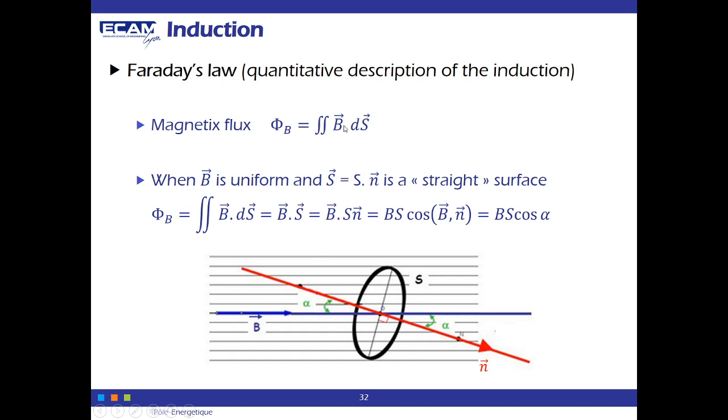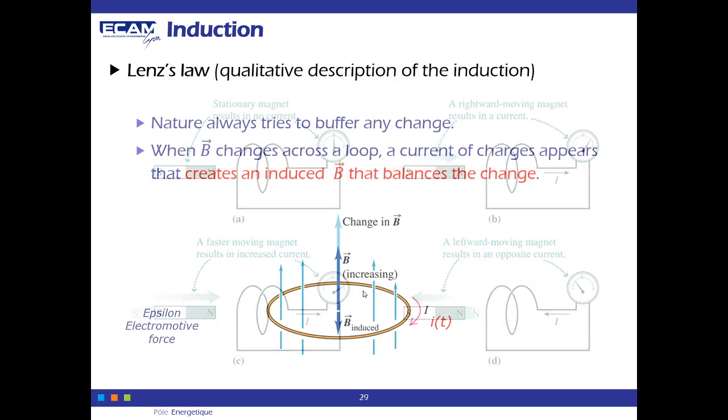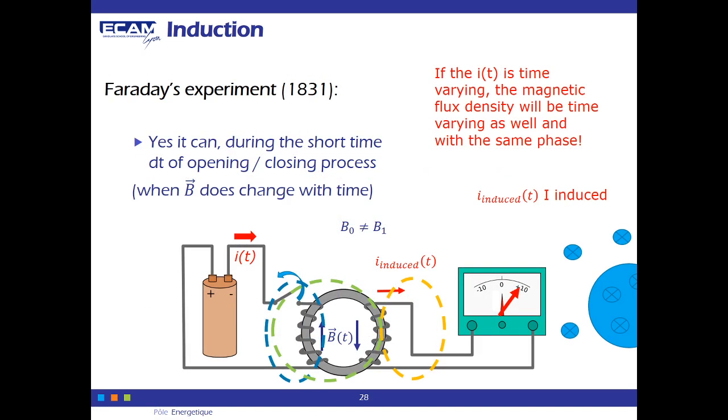Since it's the dot product, the angle between the normal vector of the cross-section surface and the magnetic field matters. So, for instance, in moving systems, when this system becomes movable, in here there is a very tiny change of the normal vector of the cross-section area.